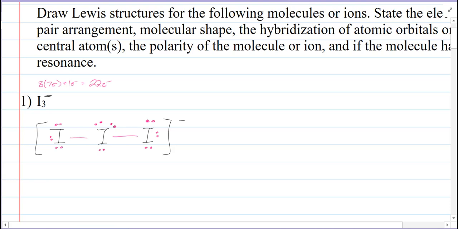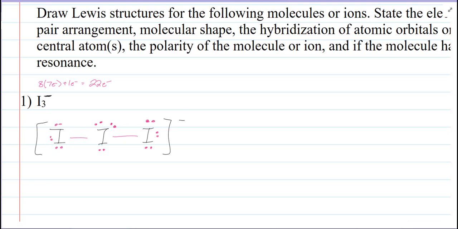The terminal I's have 2, 4, 6, 8, and a formal charge of 1, 2, 3, 4, 5, 6, 7. So the formal charge is 0. The central atom has 2, 4, 6, 8, 10 electrons, and a formal charge of -1. Well, since the overall charge is -1, somebody has to be -1, and it works.